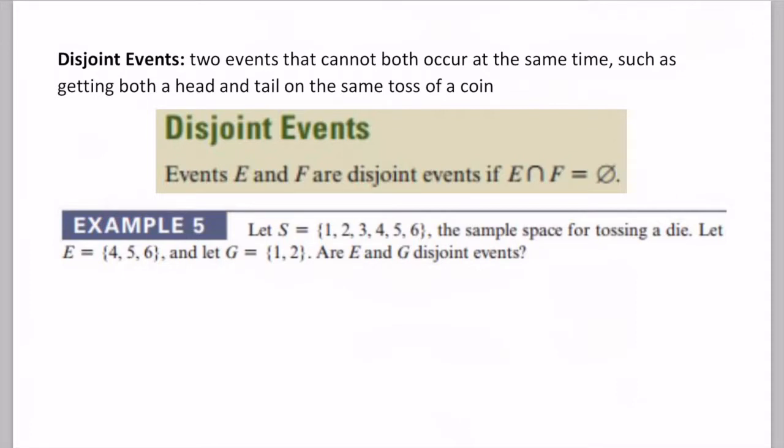Disjoint events are two events that cannot both occur at the same time, such as getting both a head and a tail on the same toss of a coin. Okay? So, we have a sample space of 1, 2, 3, 4, 5, 6, the sample space for tossing a die. Let E equal 4, 5, 6, and let G equal 1, 2. Are E and G disjoint events? Yes, because no outcomes in common occur.